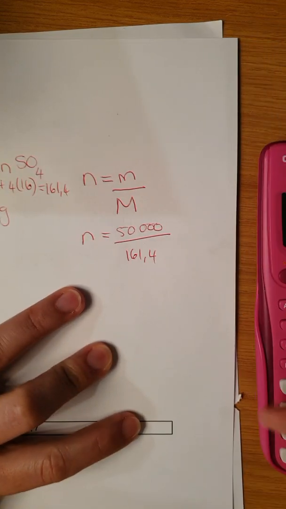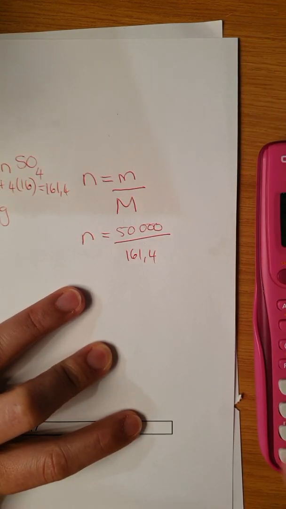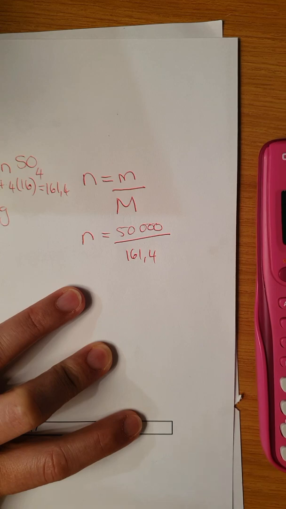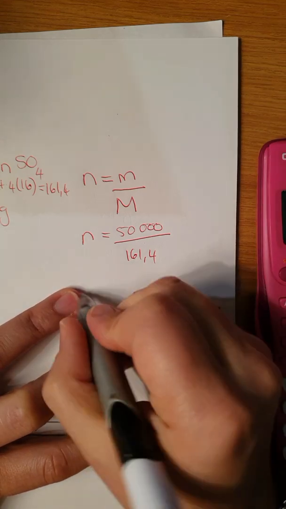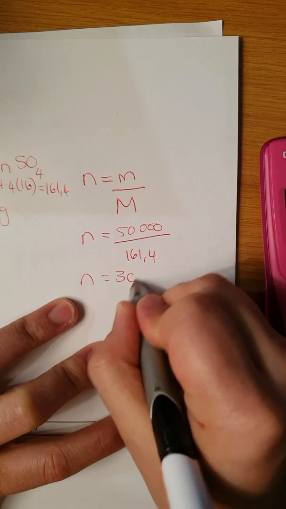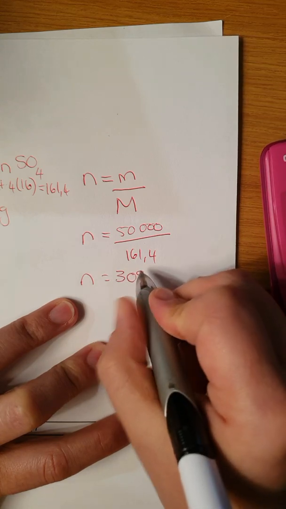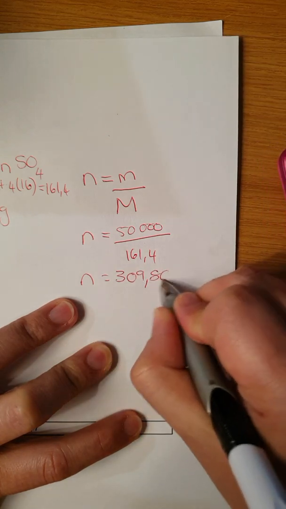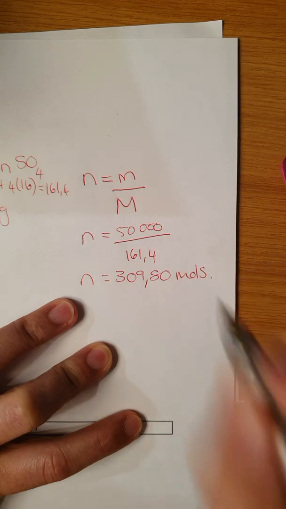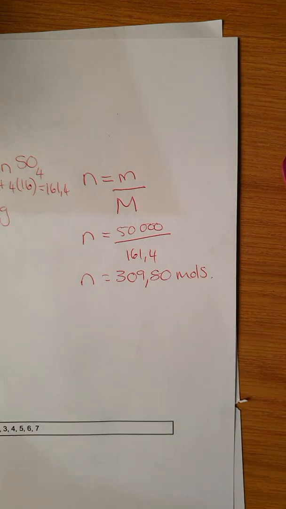And that is 50,000 divided by 161.4. And the number of moles is 309.80 moles. Okay, so that's a lot.